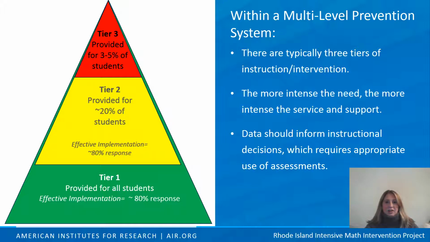Within a multi-level prevention system, there are typically at least 3 tiers of instruction and intervention. As students are moved from one tier to the next in a flexible way, it is important to remember the more intense the need, the more intense the service and support needs to be. At all levels, instructional decisions must be made based on solid data, which requires appropriate use of assessments.